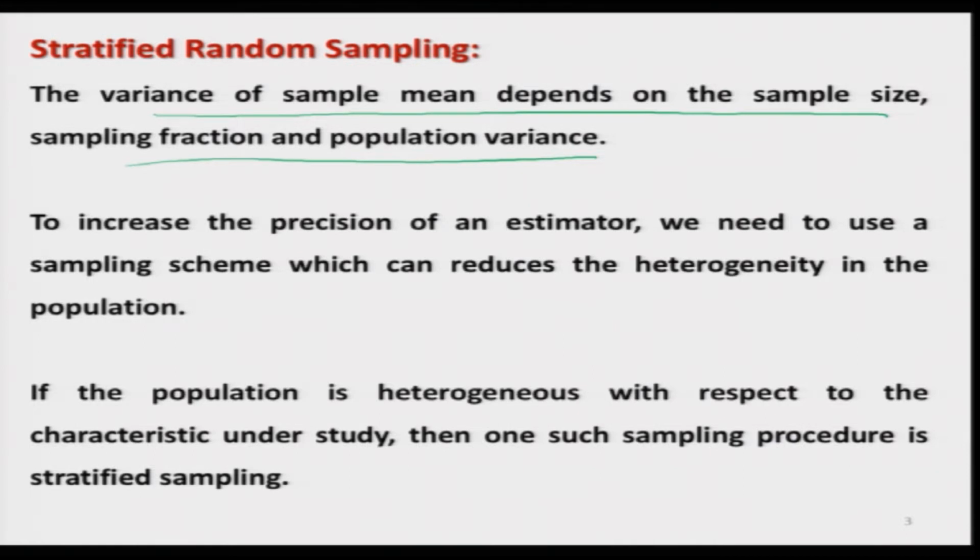Another way of looking at this is that whenever we draw the sample, we have to estimate a population parameter. That population parameter is going to be estimated by some statistic, that is your estimator, which is a function of sample values.